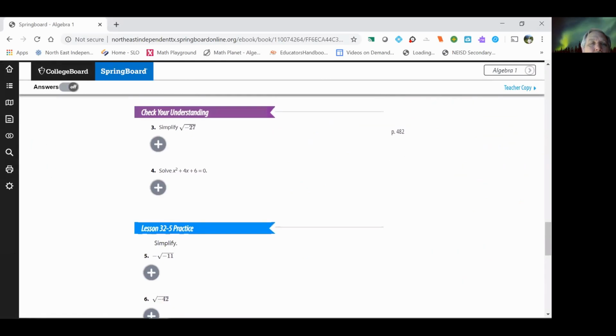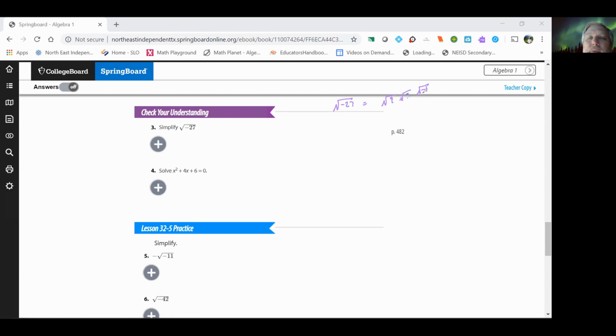Check your understanding. Simplify the square root of negative 27. The square root of negative 27 can be simplified by checking to see what the factors are. That would be 9 times 3. So the square root of 9 times the square root of 3 times the square root of negative 1 to get rid of the negative.